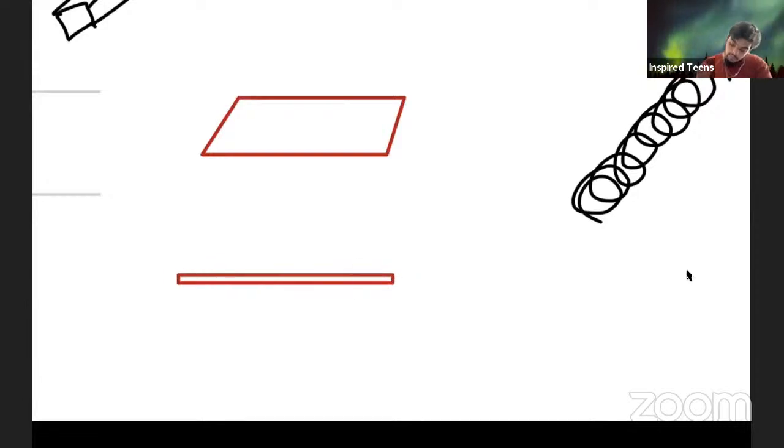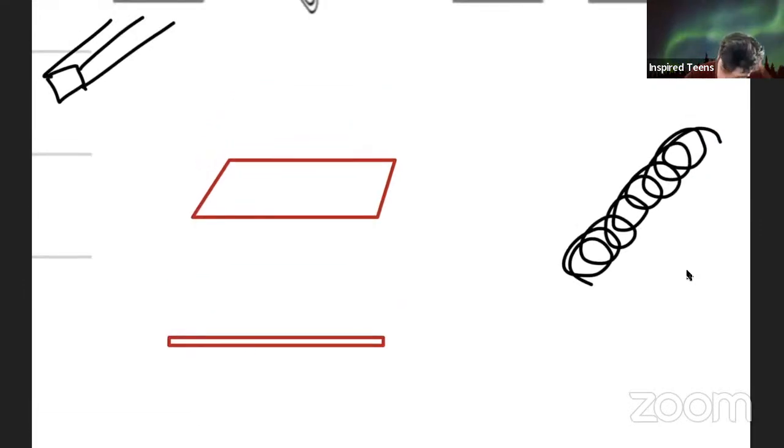Now, what the normal line is, if I draw these dotted lines, is a line that is perpendicular to the surface.